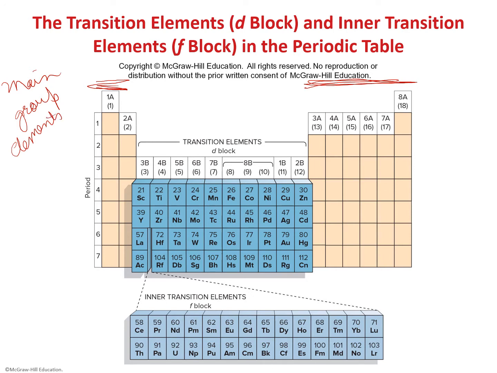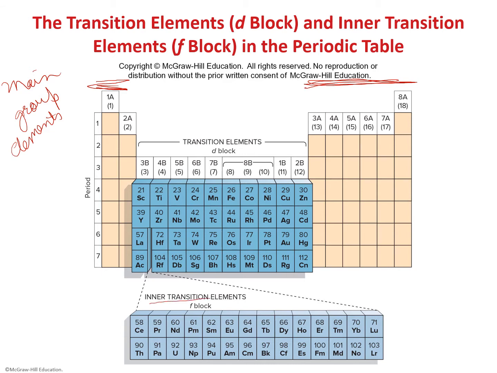Whatever you see right here in the middle are called the transition elements. And there's always two series, which is called the lanthanide series and the actinide series. So this is lanthanum and actinide. These elements right between these two elements, we have a cutout in the periodic table, and this block right here is called the inner transition elements.